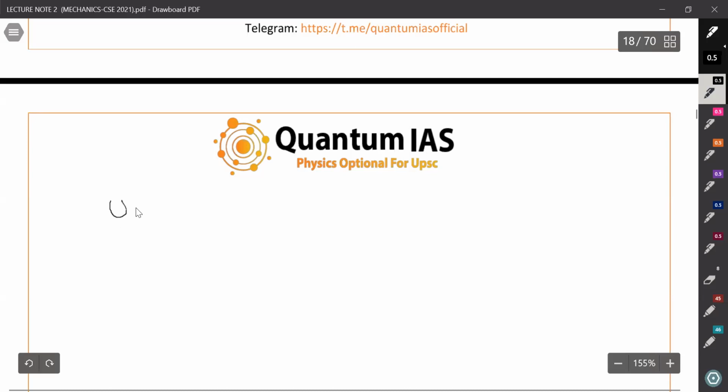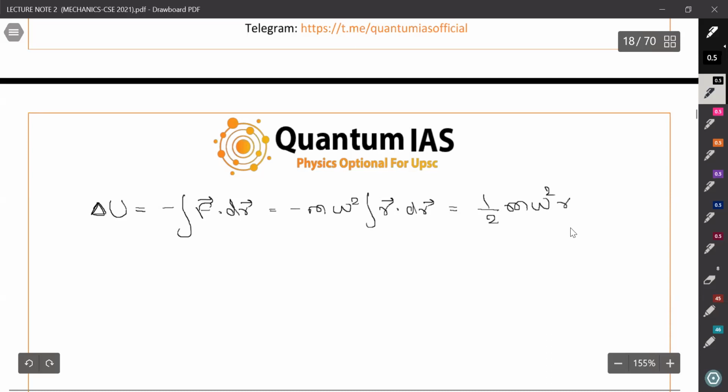From here we can write the u. Achha, one thing: whenever we write u, it's already meaning delta u. So there is always a change in energy that matters, not the energy. I will make you write down this also, but see this. So it will become minus integral of f dr. It will become minus m omega square r dot dr. So r dot dr, you know that it's r square by 2, so half m omega square r square.